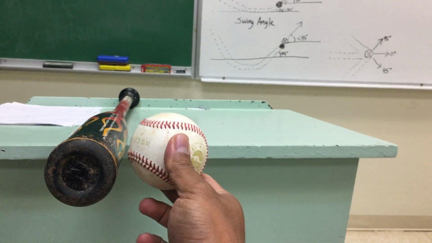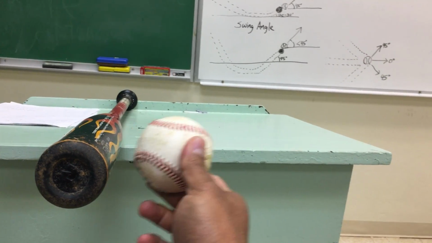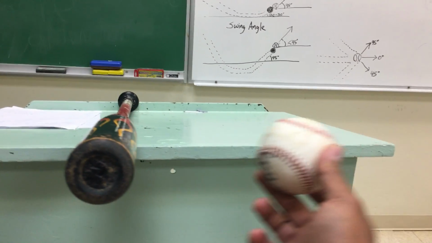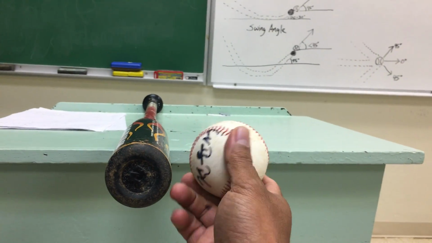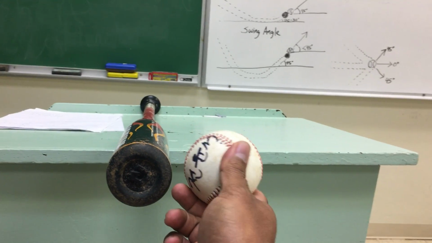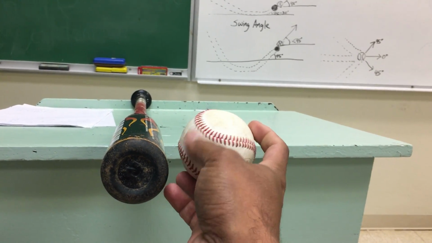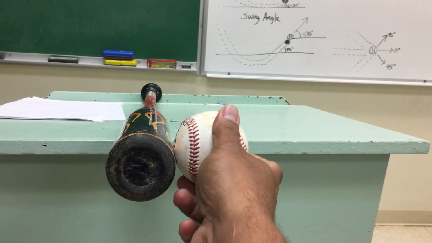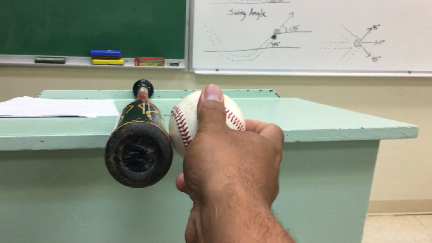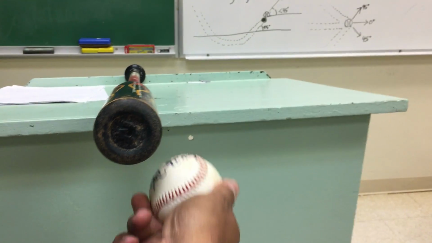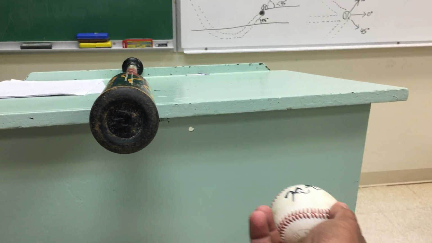Because as you can see, if you hit the ball straight on, it will probably go forward. But because the bat and the ball are round, the ball will have a tendency to roll off the bat. So it'll either go at an angle this way or an angle this way, depending on where you hit it.